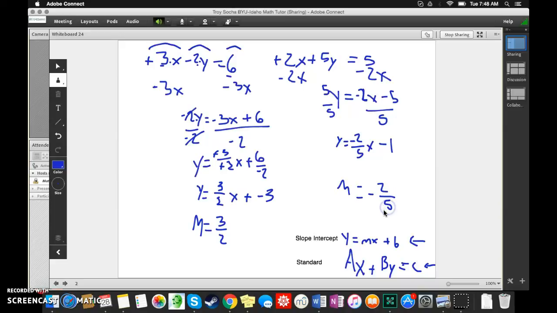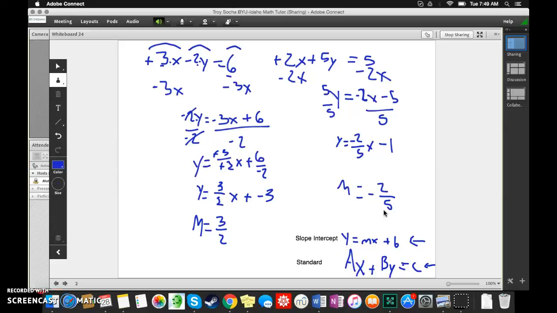So this is a really important step, being able to go from Ax plus By equals C to y equals mx plus b. So again, your first step is to isolate the y term, get it alone. Once you do that, you can then divide by the number in front of y, and that will give you your final equation.